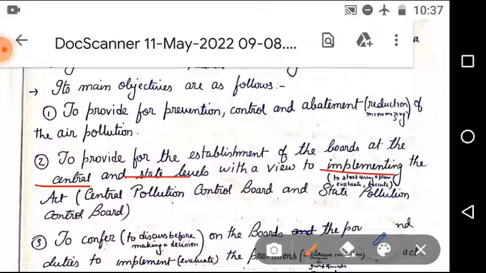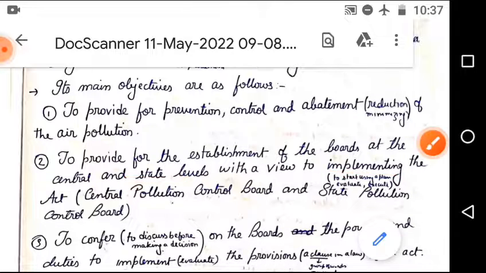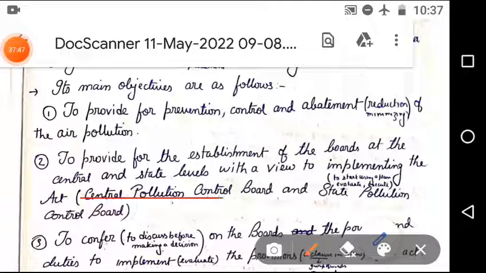On this act, in India they have set up the Central Pollution Control Board and State Pollution Control Boards. The Central Pollution Control Board are the main members who control air pollution at the country level, whereas in each state there is a State Pollution Control Board.